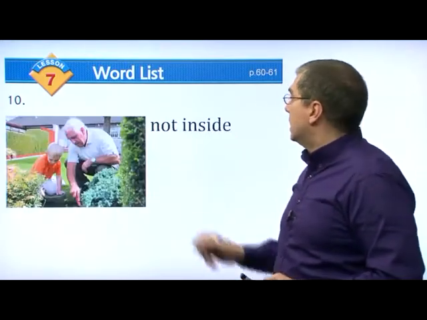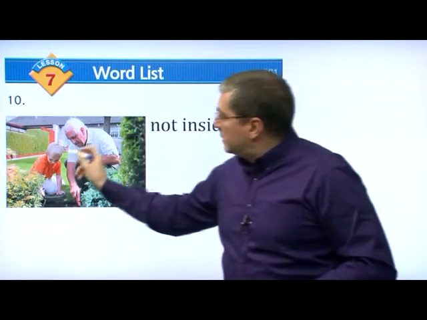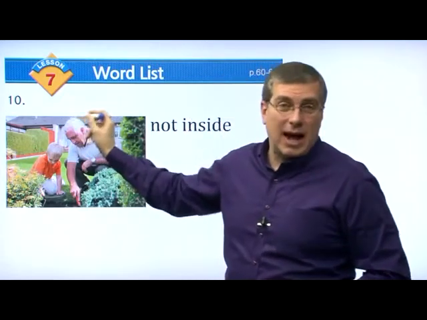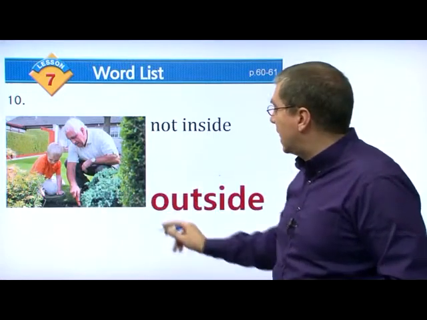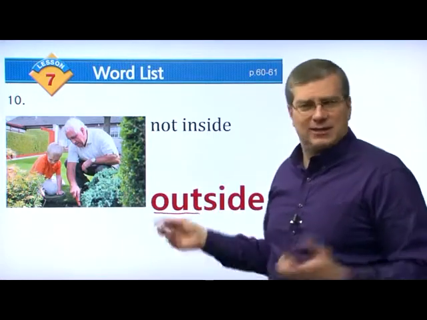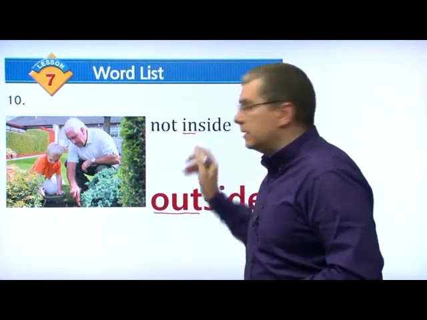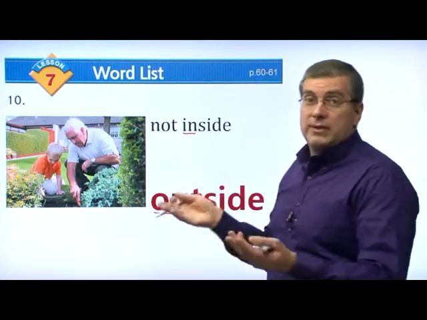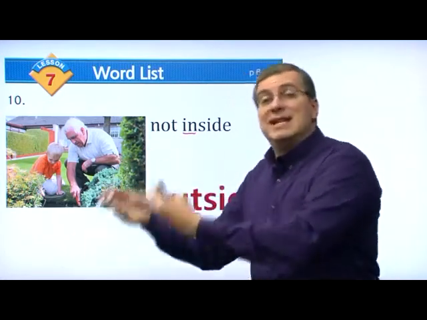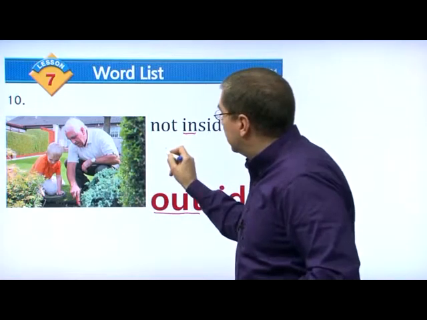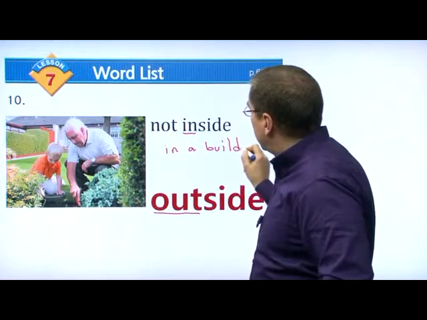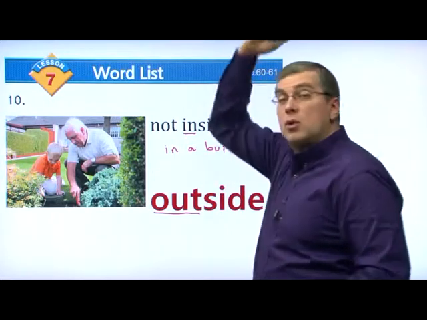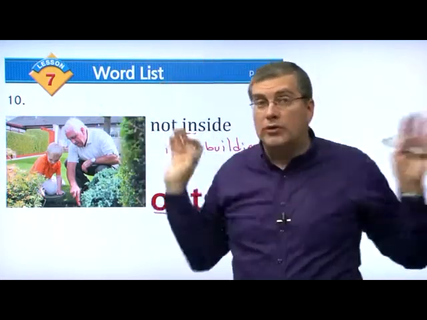Okay. Not inside. These people are not inside their house. They are what? The opposite of inside is outside. That's very easy, right? In, out. Inside means in a building. Someplace where you have a roof, a ceiling, and walls around you.